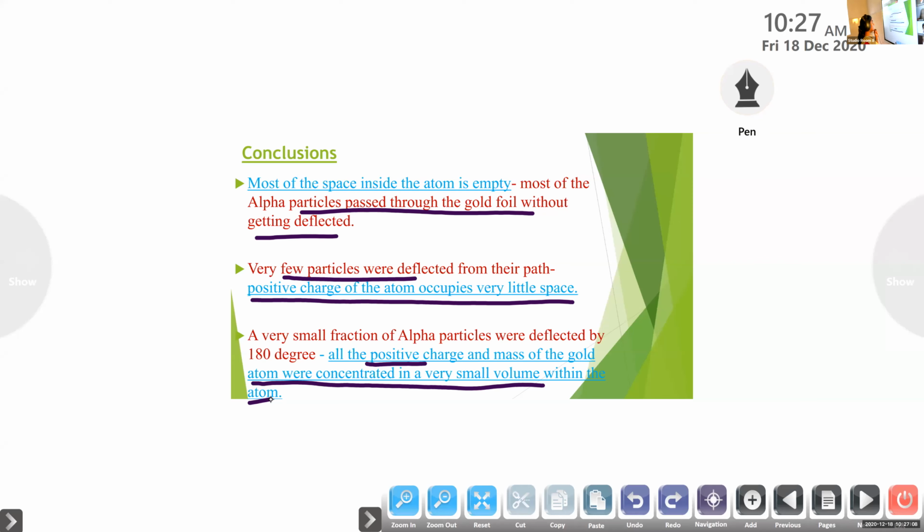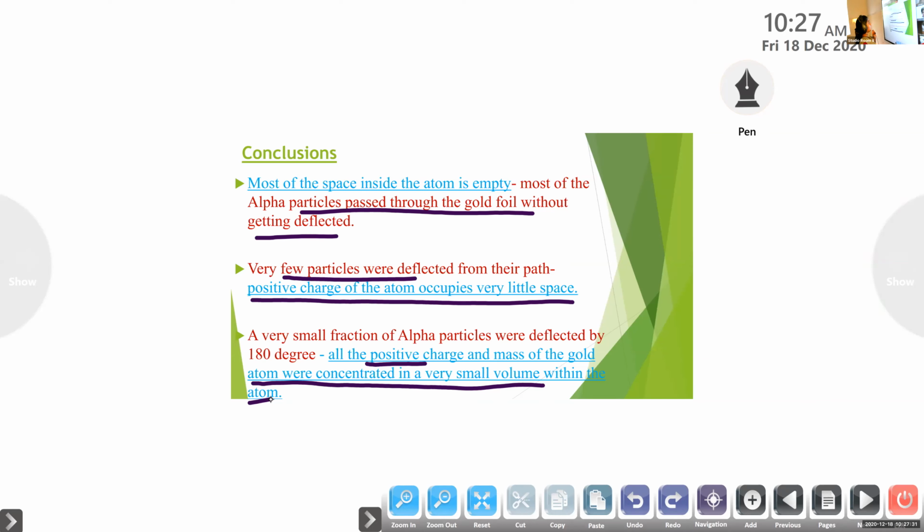Shania, please repeat this third point. A very small fraction of alpha particles were deflected by 180 degrees. All the positive charge and mass of the gold atom were concentrated in a very small volume within the atom.